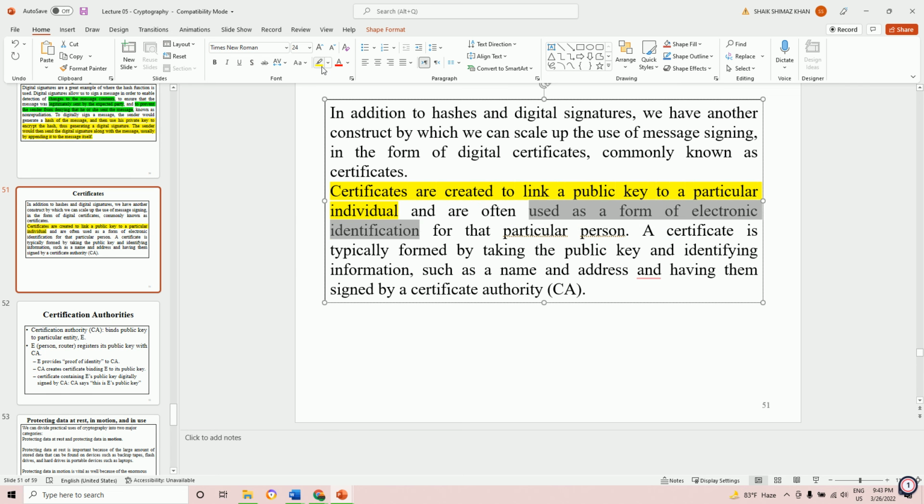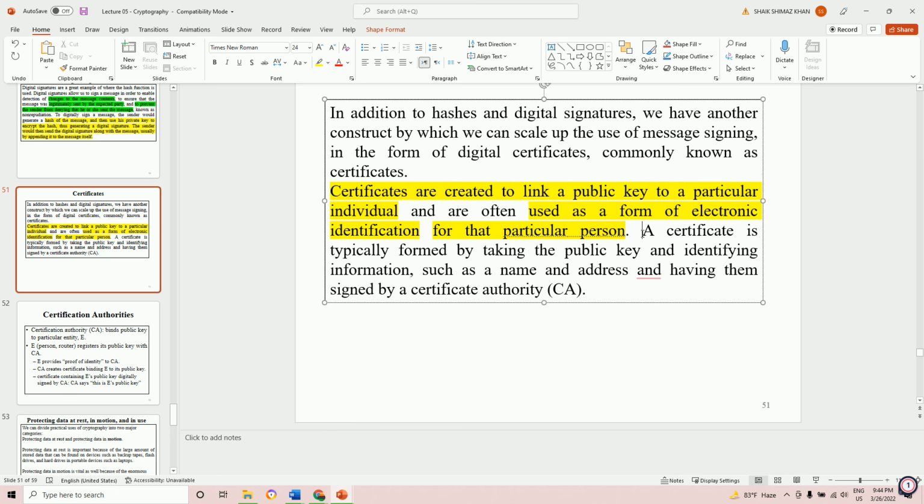It is used to authenticate the Bank Muscat site server. It's a form of electronic identification for a particular entity, for example to authenticate Bank Muscat, NBO bank, Facebook, Instagram, etc.